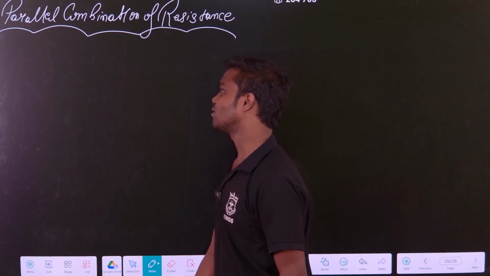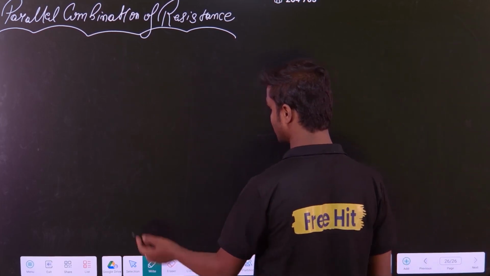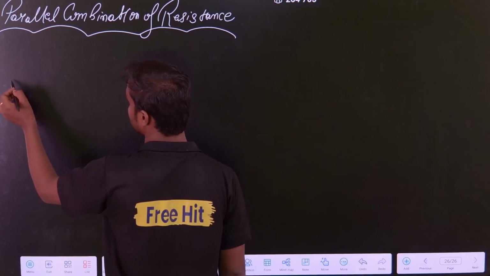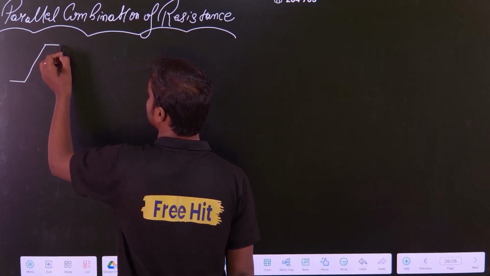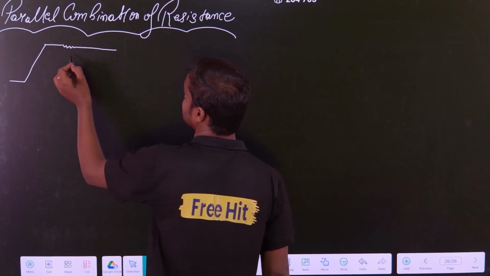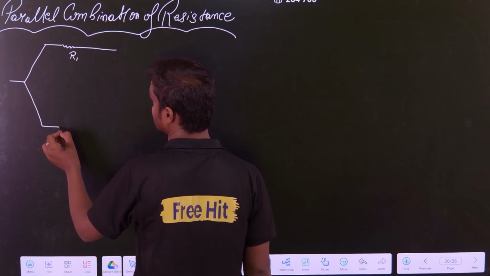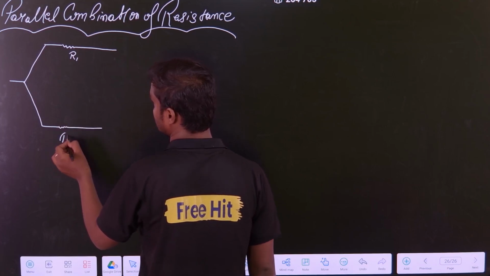Okay, so now let us take parallel combination. In parallel combination, what we are going to do, simple thing. So this is my resistance R1, this is resistance Rn.